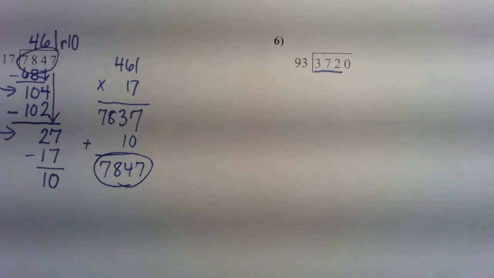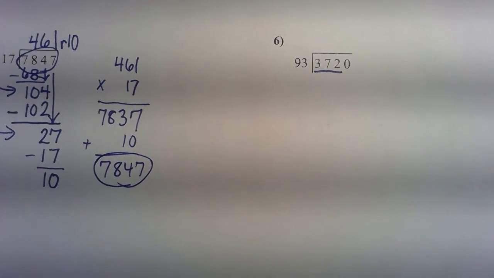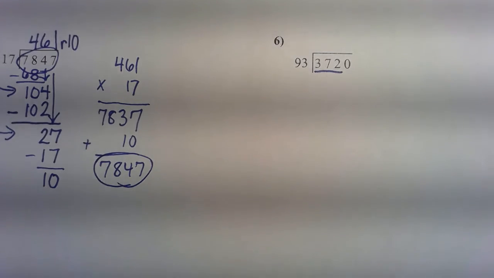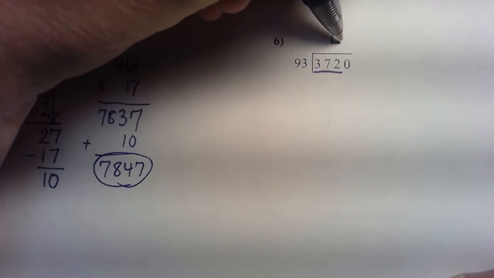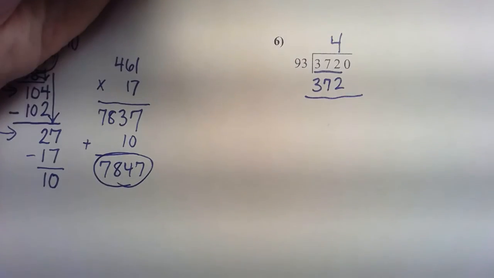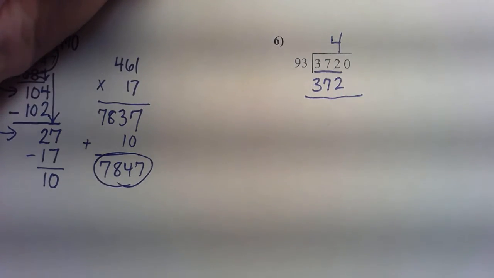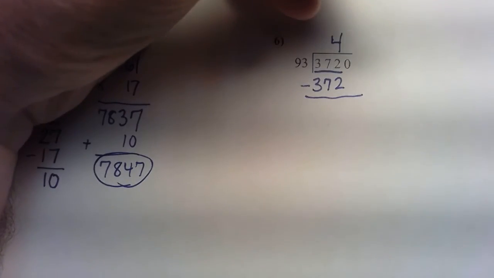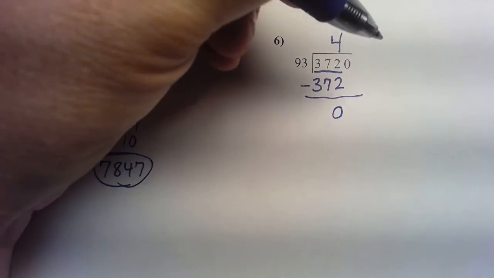You want to try 4? Yeah. 93 times 4, 372. There we go. Go ahead. Now what do we do? And you're going to get what? Now what? Okay.